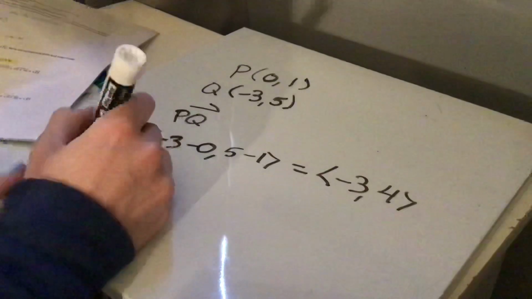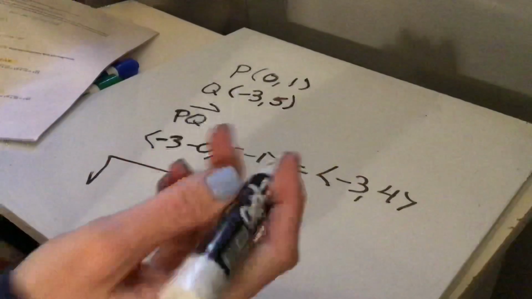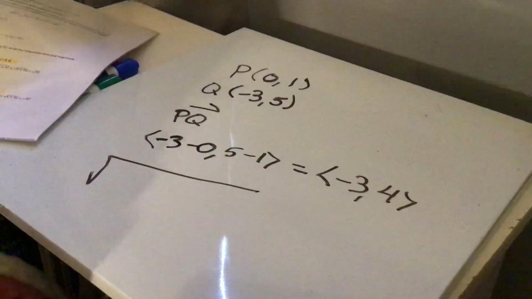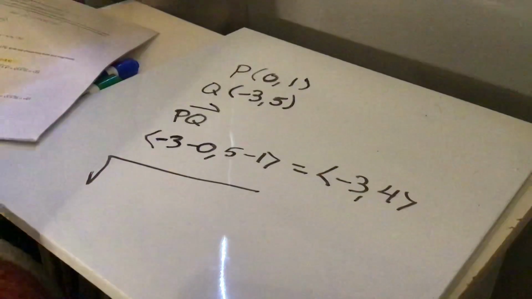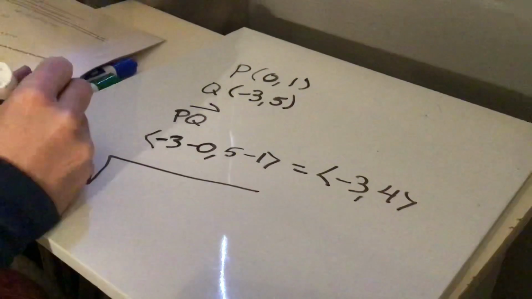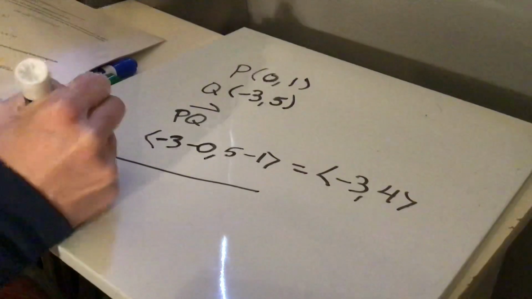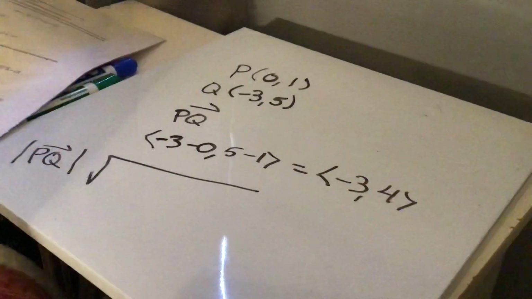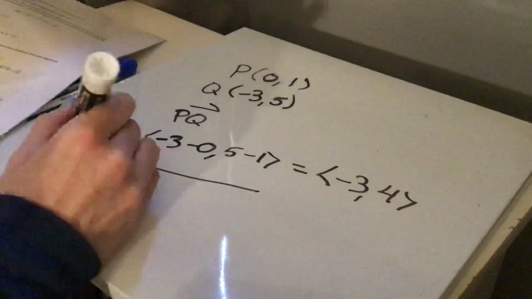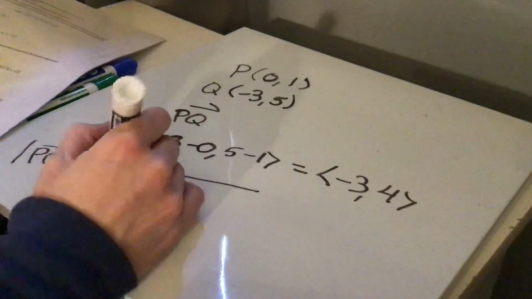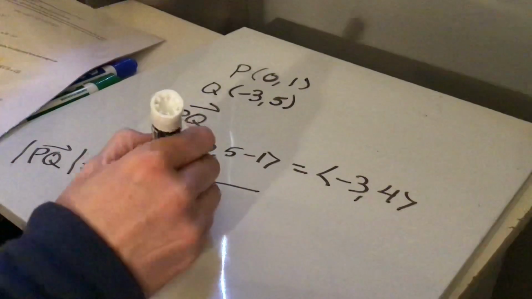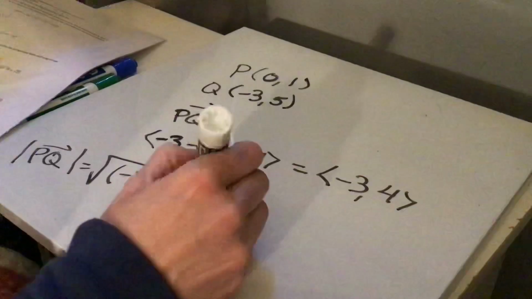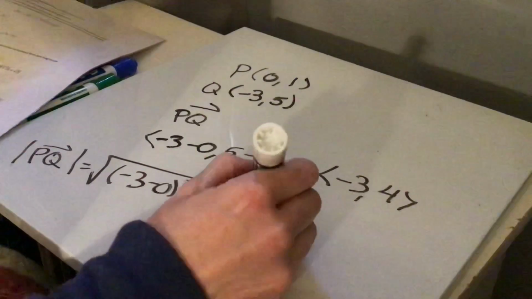Okay, and then its magnitude is how long is it. So that's where we use the distance formula, and it looks like you're taking the absolute value. So it's PQ in absolute value signs. That tells us it's the magnitude or how long it is. So then that's going to be the square root of -3 minus 0 squared plus 5 minus 1 squared.